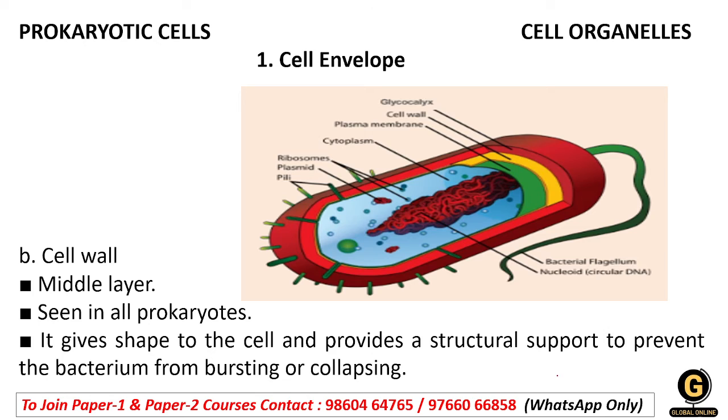Cell wall, the middle layer. Right? Now what is the cell wall made of? It is made up of peptidoglycan. Cell wall, the inner middle layer. First of all, what is the cell wall? It is the middle layer. It is made up of peptidoglycan.